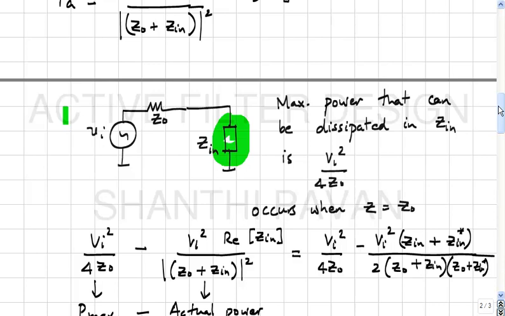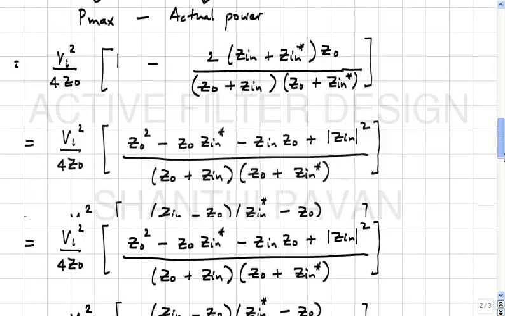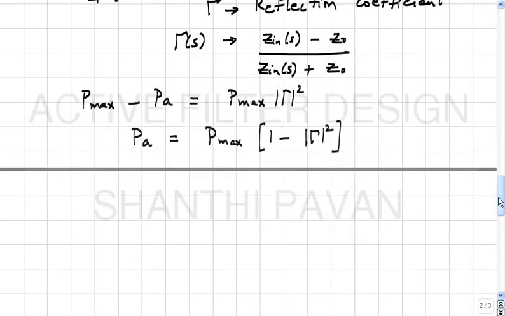But what I am trying to draw your attention to is that even a simple network like this, you can look at in a totally different light, and there is a deep physical significance here. The maximum power that you can draw out from the source is P max, provided the load is exactly equal to Z naught.